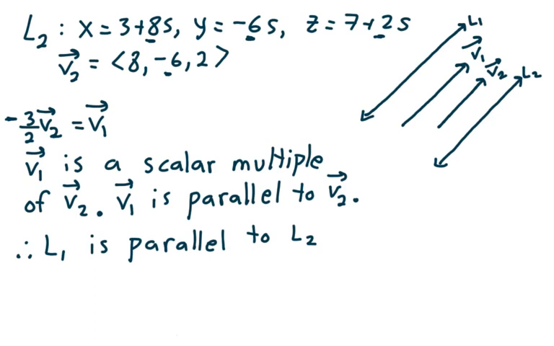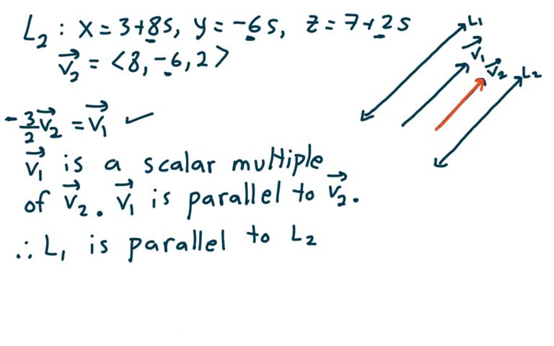Now, if we notice, v1 is equal to negative 3/2 times v2. So v1 is a scalar multiple of v2, and so that tells me v1 is parallel to v2. So I drew a picture over here where I indicated that v1 and v2 run parallel.